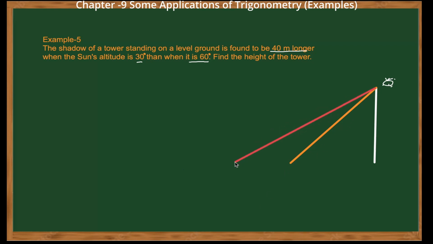Okay, so let's assume this. Found to be 40-meter longer when the sun's altitude is 30 degree. So from this we saw shadows of a tower. Two shadows we found.